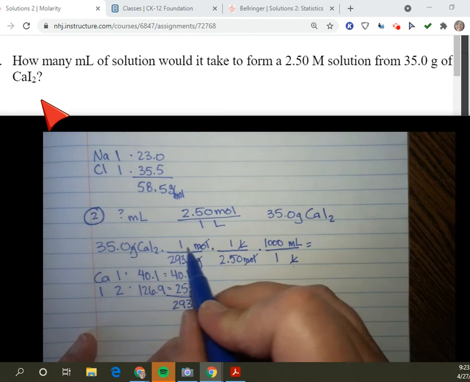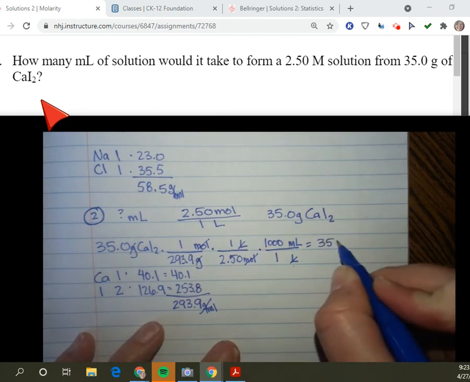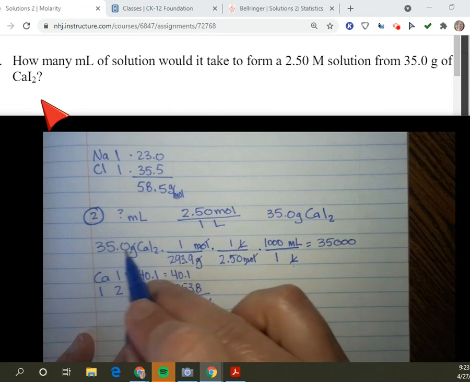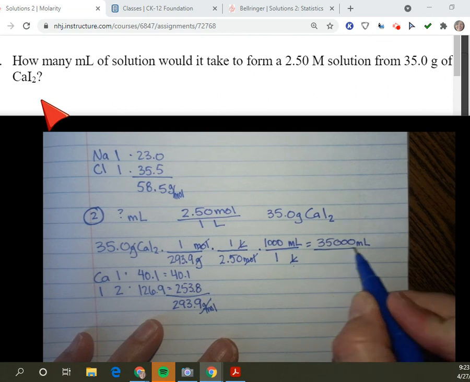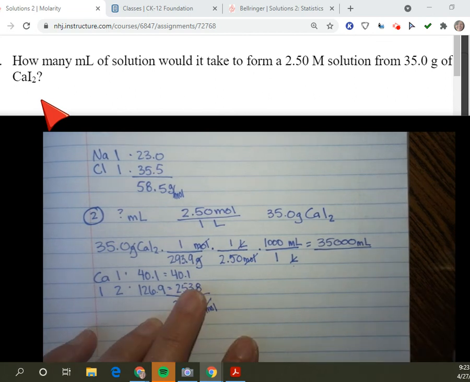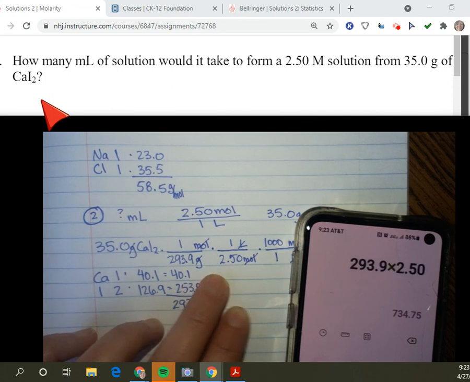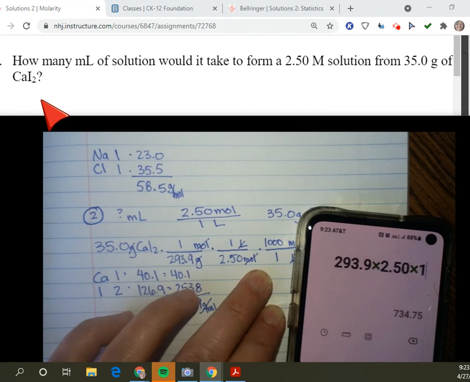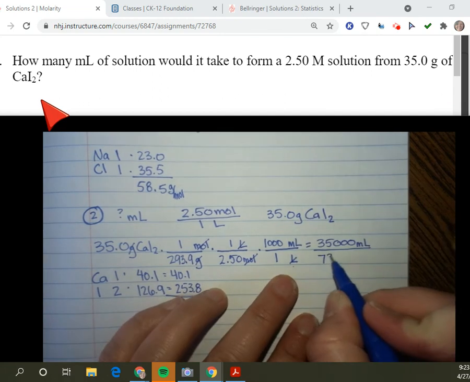So, well, 35 times 1 times 1 is still 35, times 1,000 is 35,000. And our unit on the top is milliliters. And then we'll bring in our calculator for this one. 293.9 times 2.50 times 1 is 734.75.